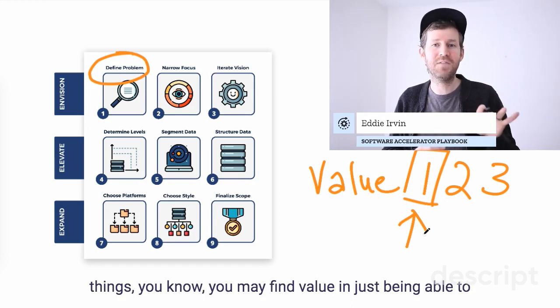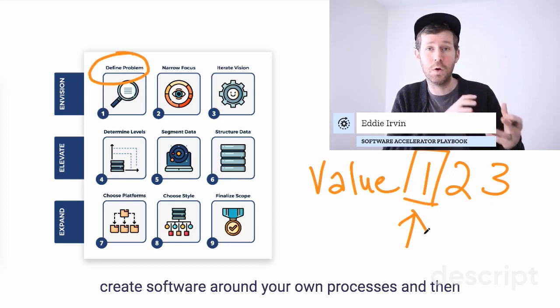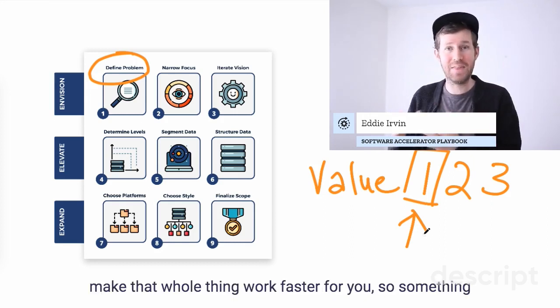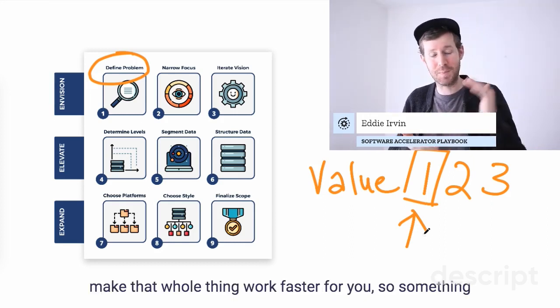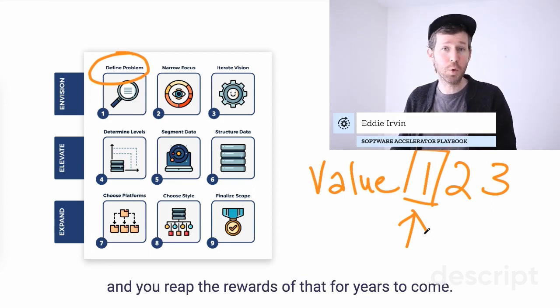You may find value in just being able to create software around your own processes and then make that whole thing work faster for you. So something that used to take you an hour will now take you 20 minutes, and you reap the rewards of that for years to come.